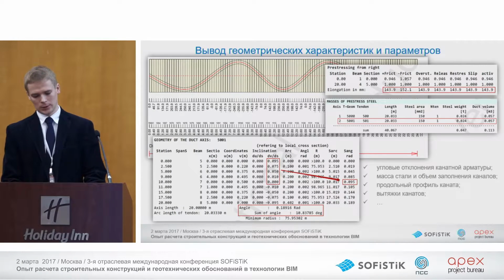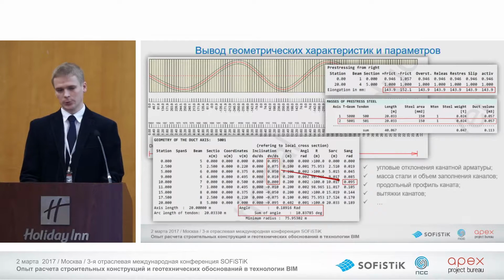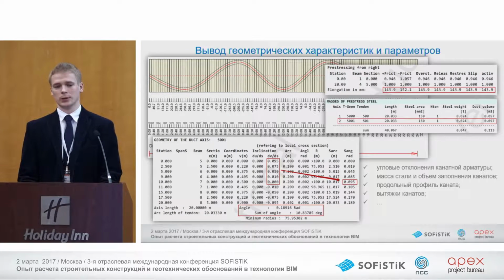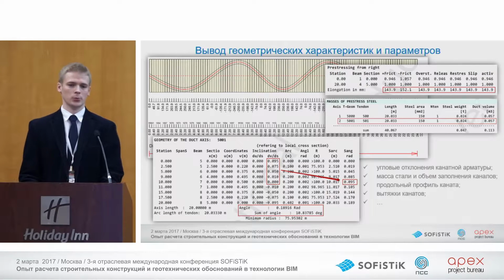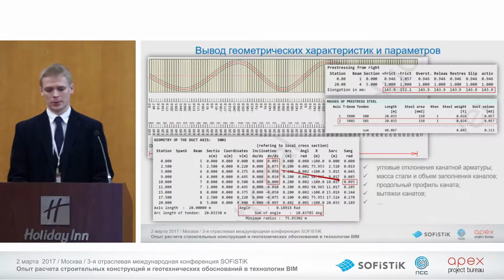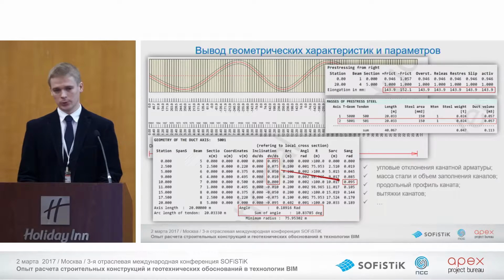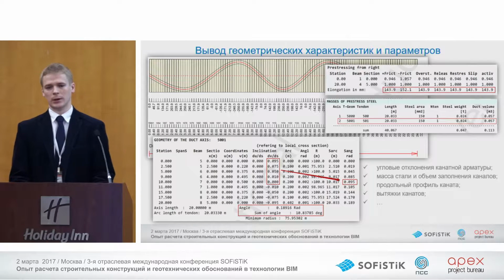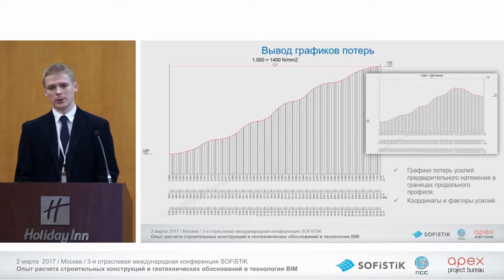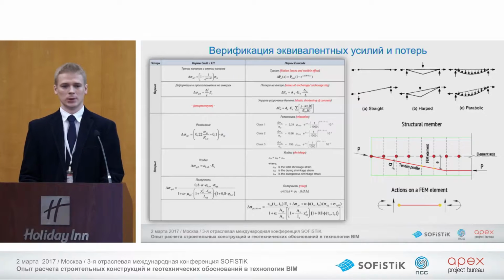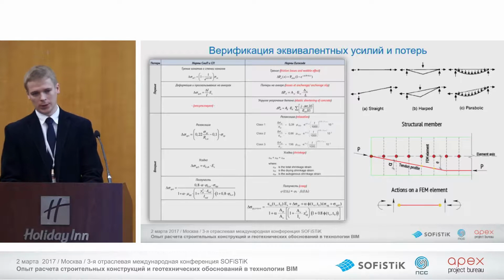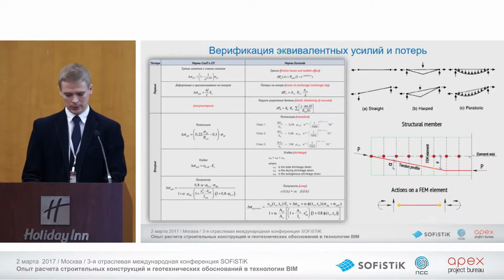The system is highly adjustable. Each user in SOFiSTiK can manage and adjust the output sections and representation of data. So you can see elongation and volumes and everything useful. Here is the graph of the loss and tensioning.